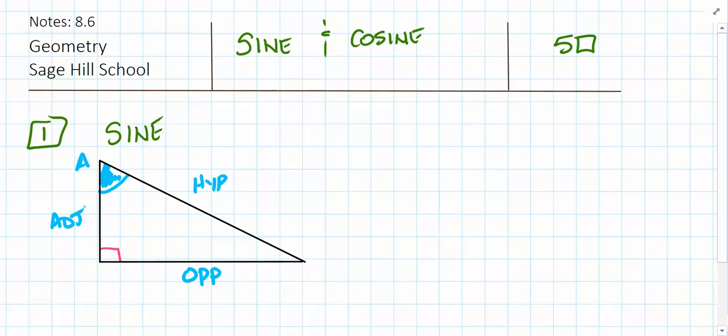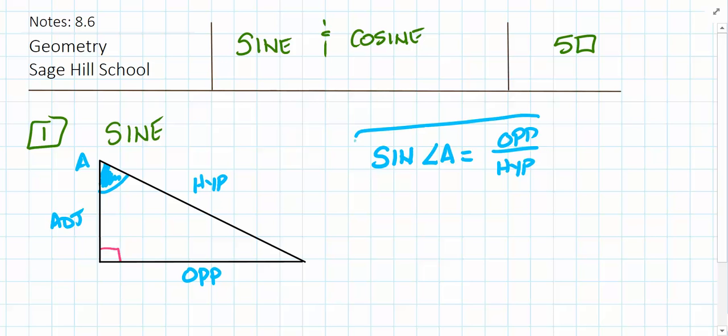So the definition for the sine of angle A, instead of being opposite over adjacent like it was for tangent, we're actually introducing the hypotenuse for this one. So the sine of angle A is going to be the opposite leg divided by the hypotenuse. Sine is the opposite divided by the hypotenuse.